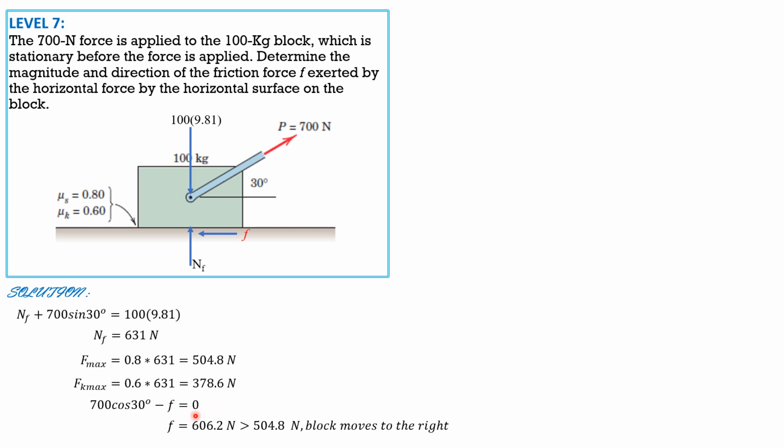Since the required friction force exceeds the maximum frictional resistance that the block offers for it to remain at rest, that means this block will slide or move to the right. Because the block moves, the maximum frictional resistance is that of kinetic friction, and it is equal to 378.6 newtons by principle. Therefore, F is 378.6 newtons to the left.